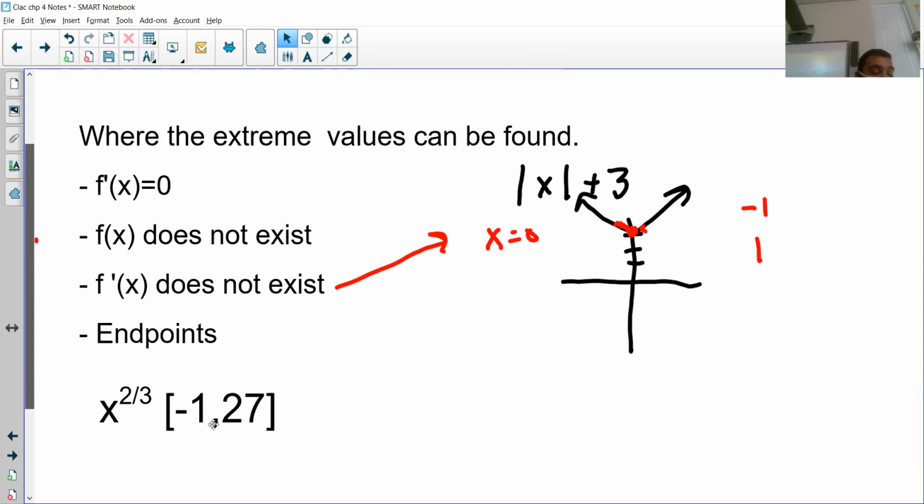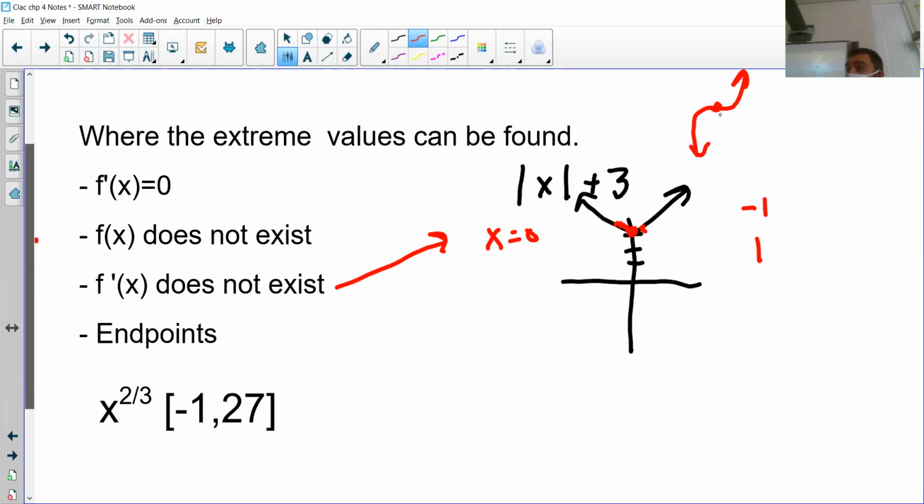No. Min or max are extreme values, but not every extreme value is a min or a max. It's called an inflection point, but I can't really describe it to you until we get to 4.3. It would look kind of like this, though. If you want something like x cubed, it would look kind of like this, right?